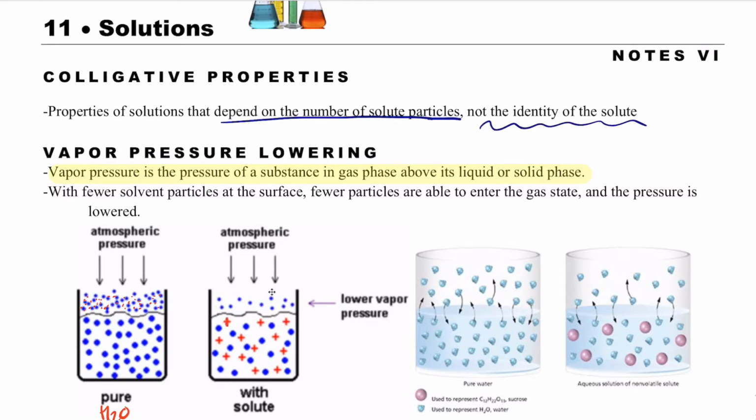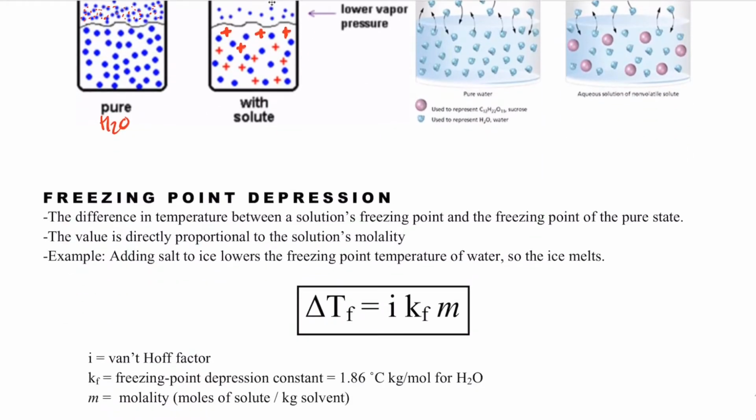But if I add some salt or some ions here, so I chose positive ions, then what that means is that there are fewer solvent particles at the surface, aka there are fewer water particles at the surface, which means of course there are going to be fewer particles able to enter the gas state, and so the vapor pressure is going to be less because there's going to be less humidity, because less water can go into the gas phase.